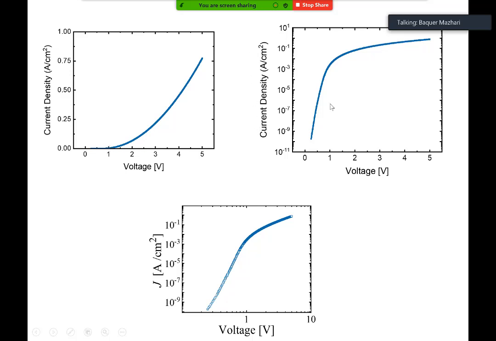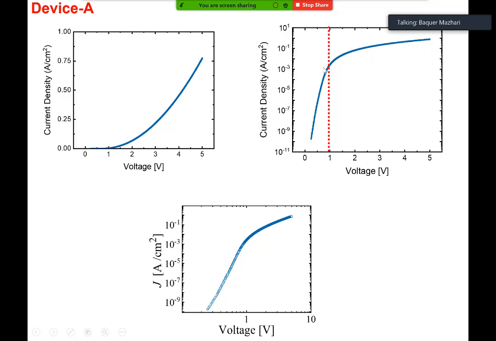In a log linear plot, we can see a clear two-regime behavior in the characteristics. A straight line here indicates an exponential characteristic, and here indicates some kind of power law that we expect.